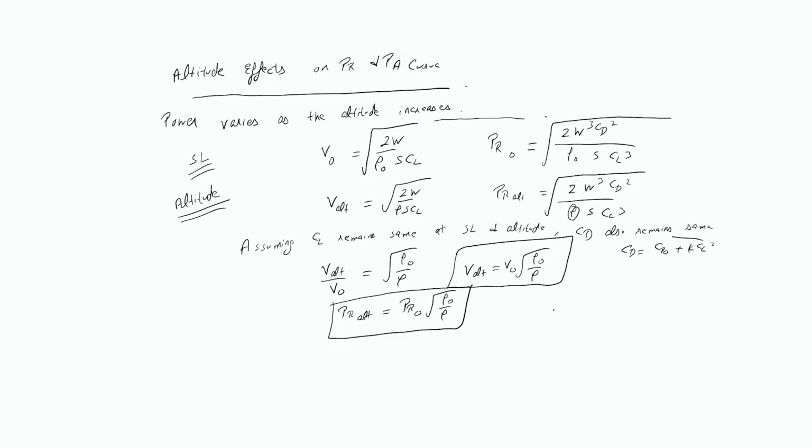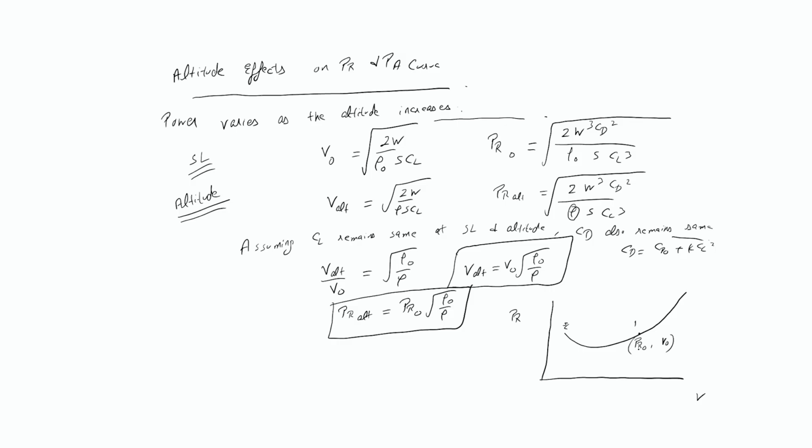Then what is actually happening to the power required curve? This is the power required curve with velocity, the curve that we have been discussing for a while now. If this is for sea level, consider this as point 1, where we have power required naught and V naught.